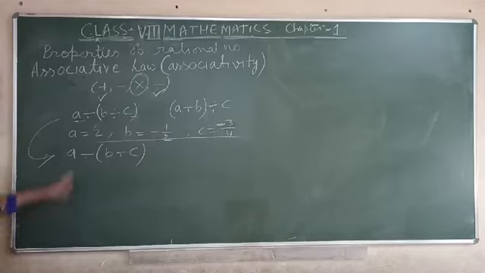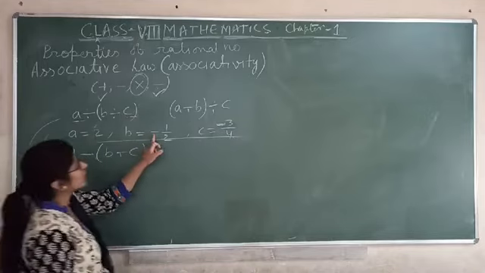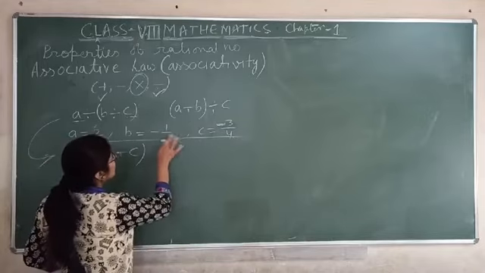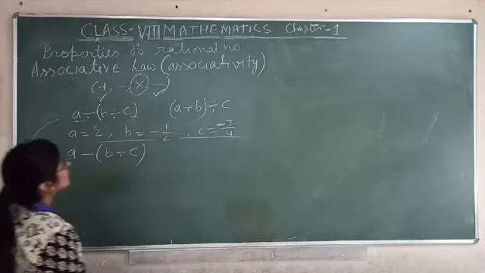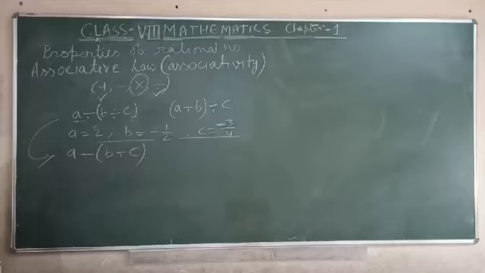Okay. Value of A is 2, B equals minus 1/2, and C I have taken as minus 3/4. So let's check.